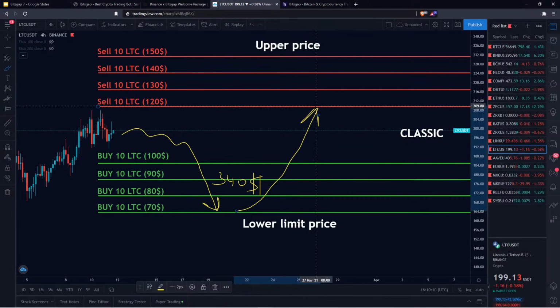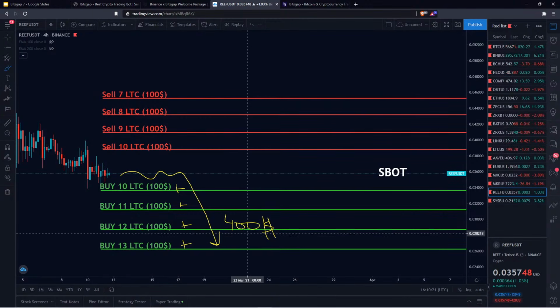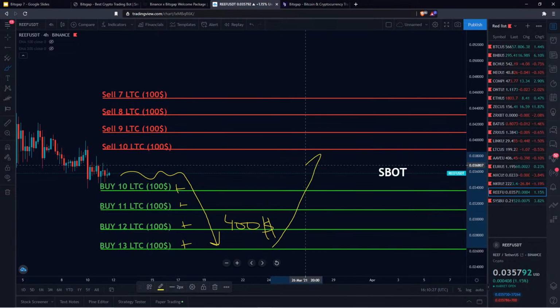If the price bounces up, your risk exposure is only $340, so you have lower returns compared with the SBot, where your exposure is $400.